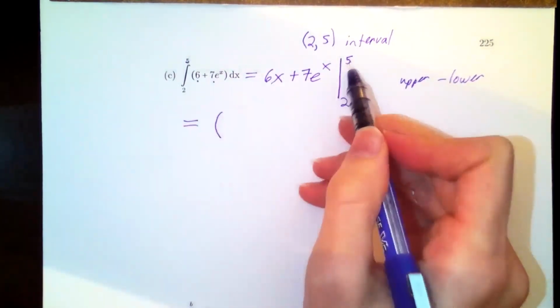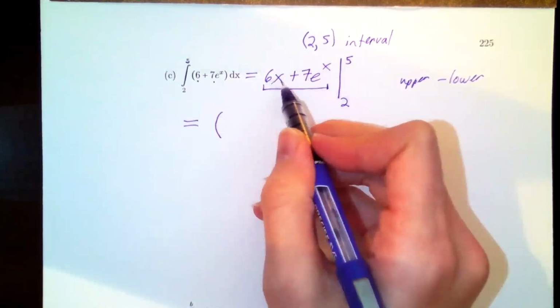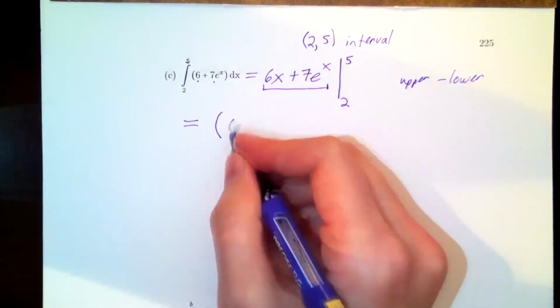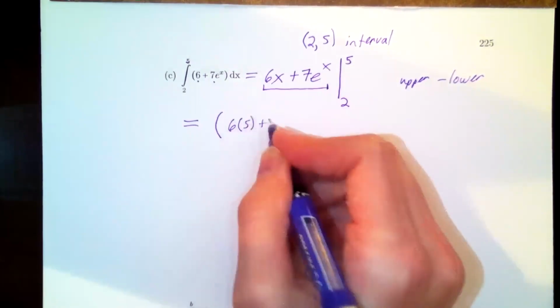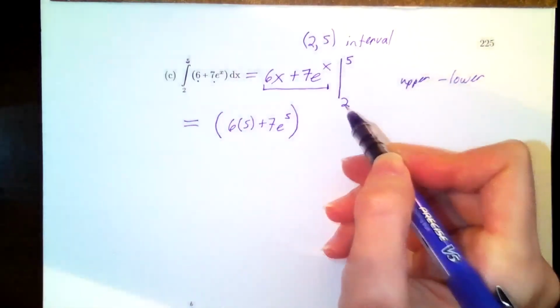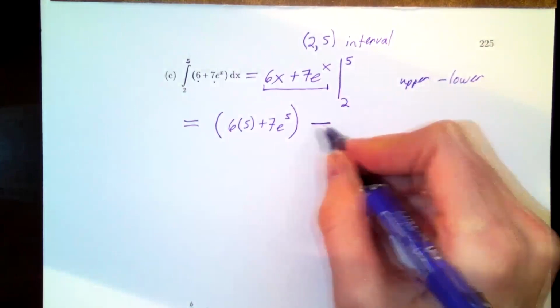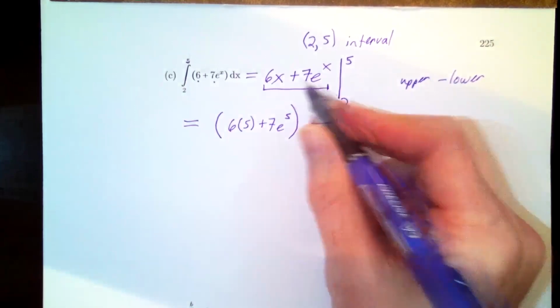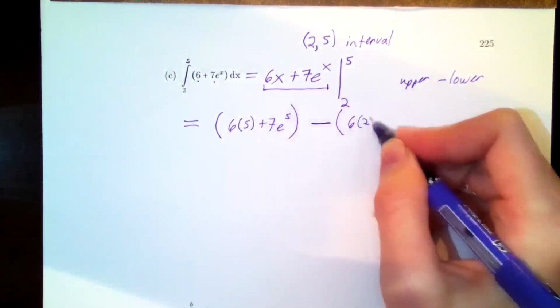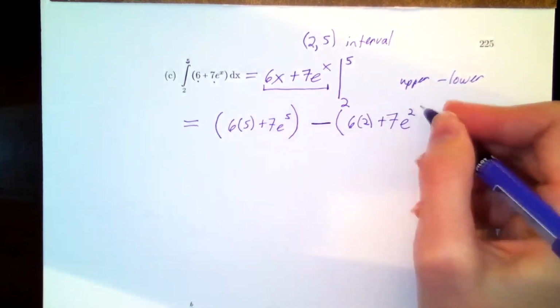All right, so let's plug in the 5, and you want to plug 5 into this whole thing here. 6 times 5 plus 7e to the 5. There you go. That's our upper number. Now plug in your lower number. You got to subtract it. Subtract what you get when you plug in your lower number. 6 times 2 plus 7e to the 2.